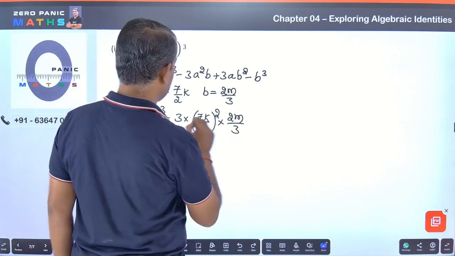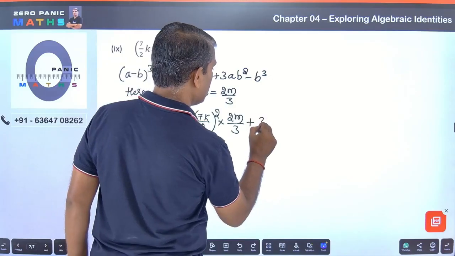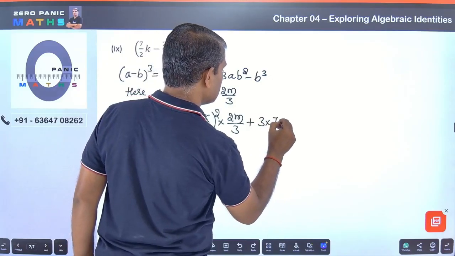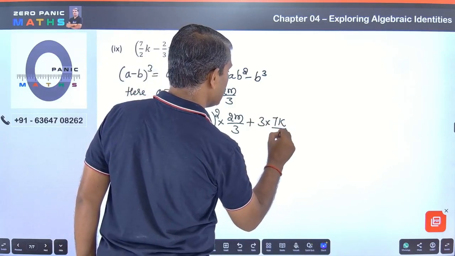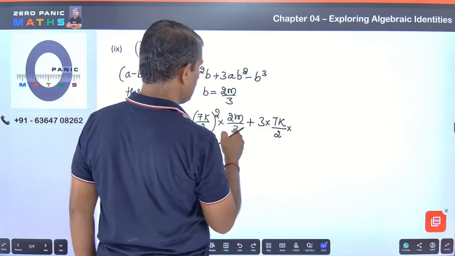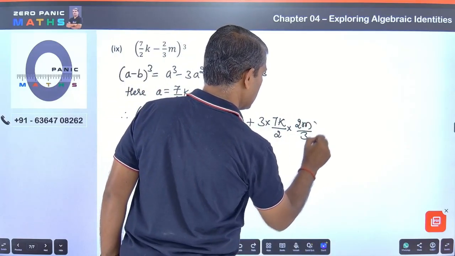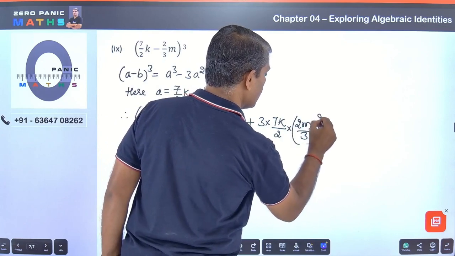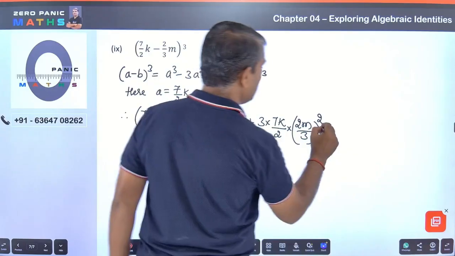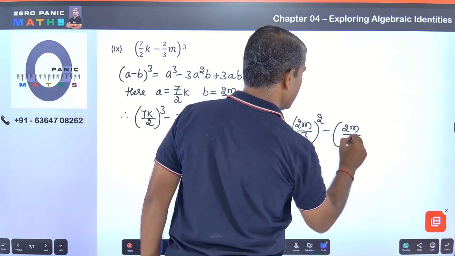Plus 3ab square, and again a is 7k divided by 2. b square is (2m by 3) whole square. Do it carefully. And then finally minus b cube, that is (2m by 3) whole cube.